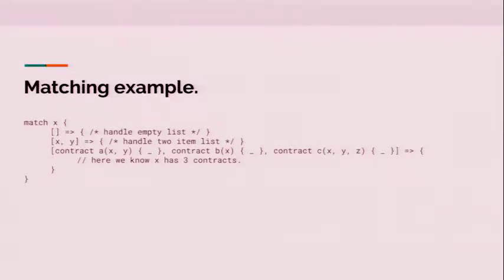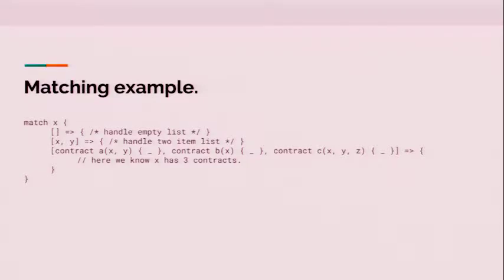We're going to match X, and we can expect either an empty list or a 2-item list, and within that second body, X and Y would be bound to the contents of that list. So it's a destructuring assignment. And if you used something besides X, like a dummy, you could still refer to X within the body.